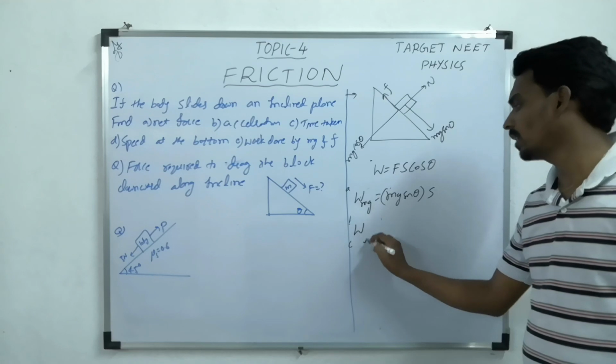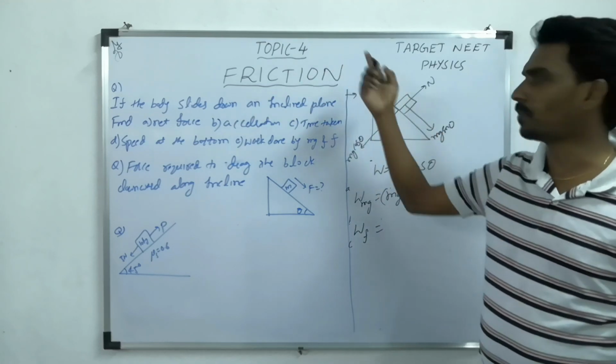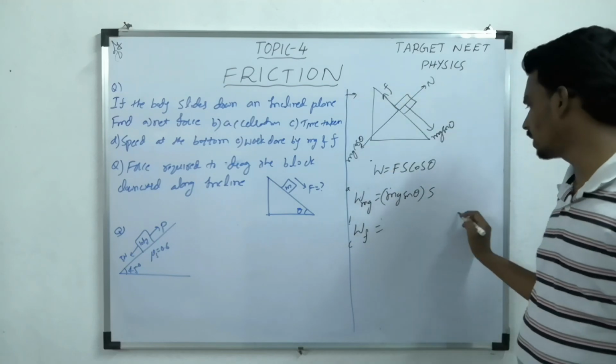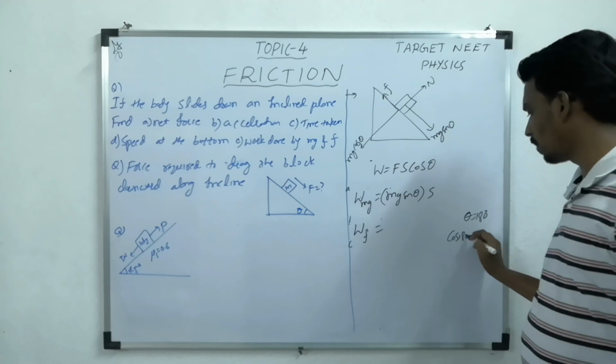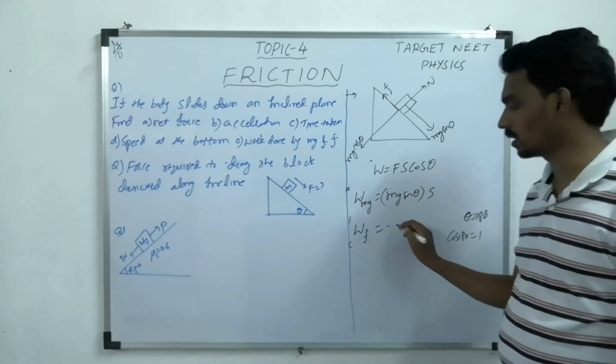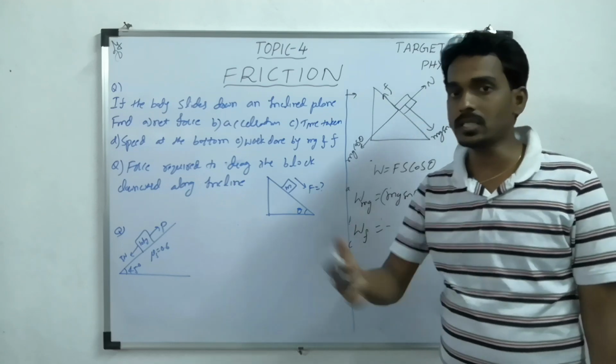Now work done by friction. Friction is acting up, displacement is down. Then what is theta in the case of friction? 180. What is cos 180? Minus 1. So it is negative work, because the work is done by friction against the motion.